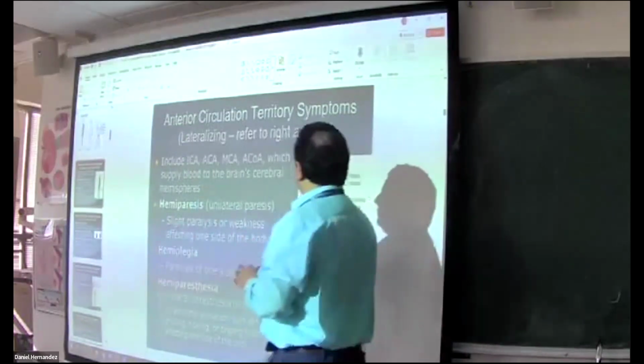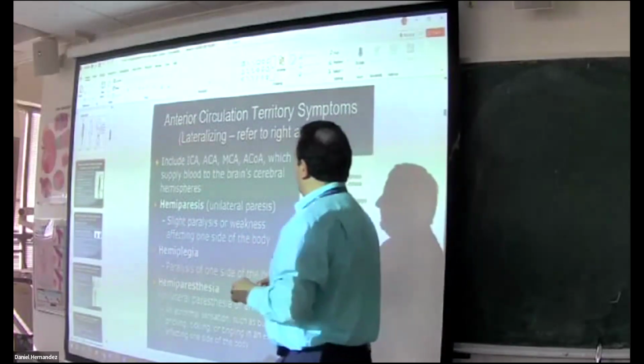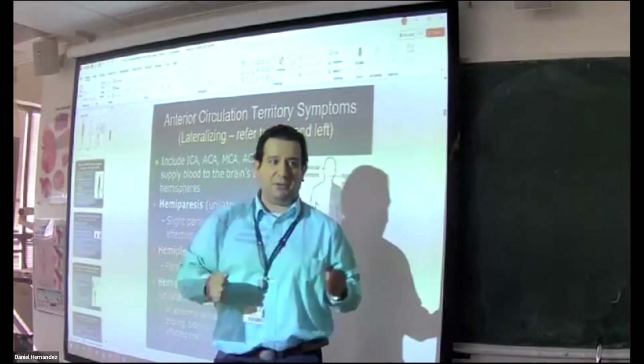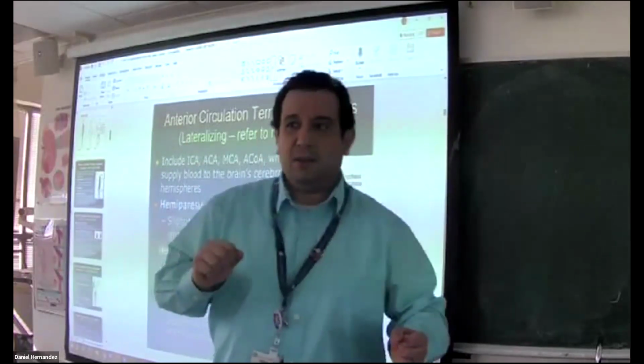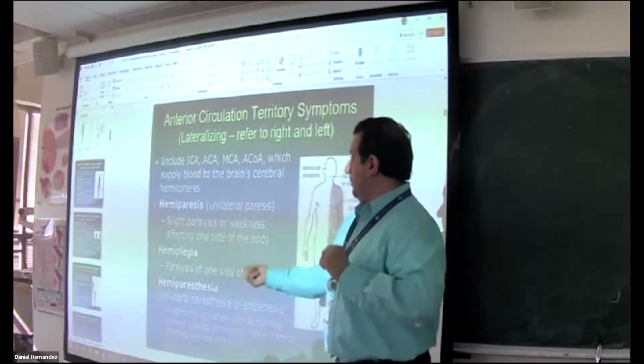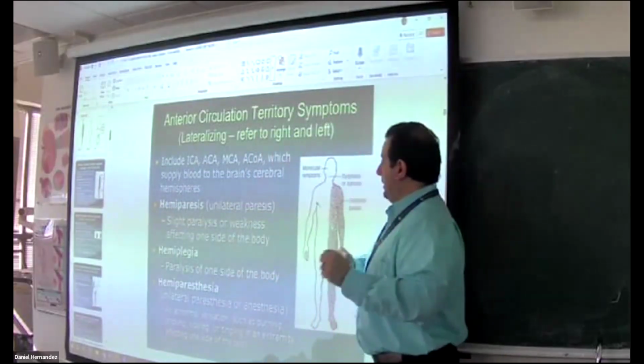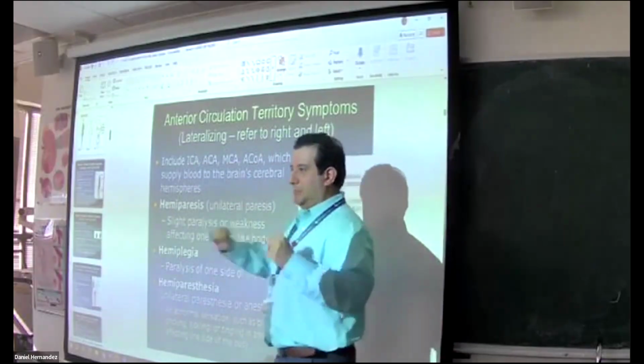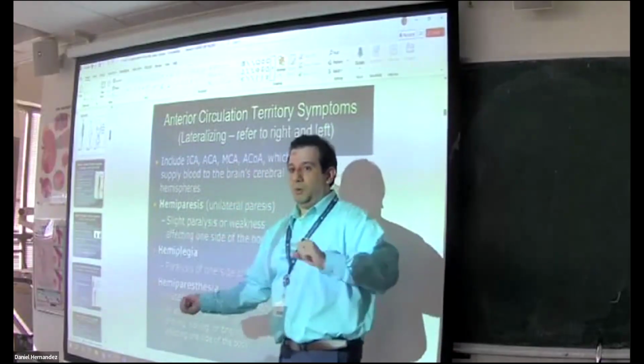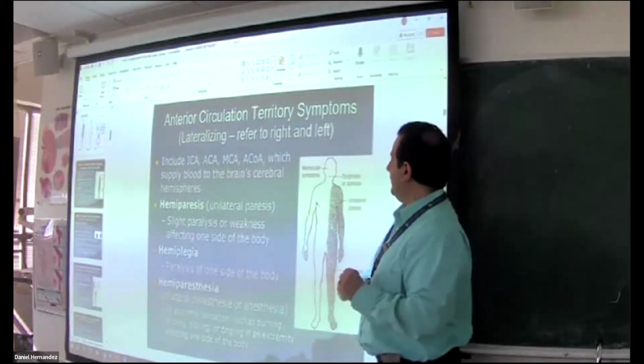So the anterior circulatory symptoms, we refer to them as lateralizing, referring to either right or left. So we can figure out where the disease is based off of the patient's symptoms because the symptoms will lateralize. It'll affect one side of the body or the other.